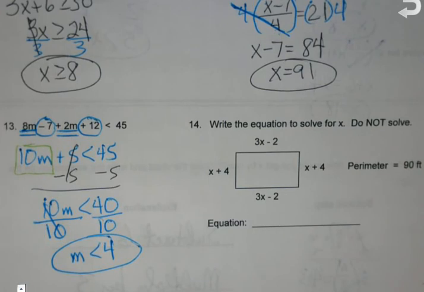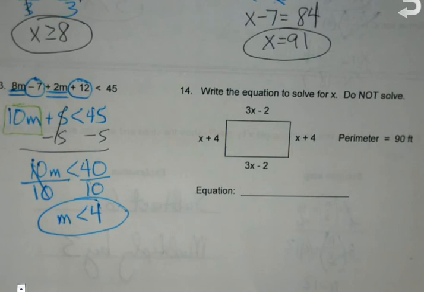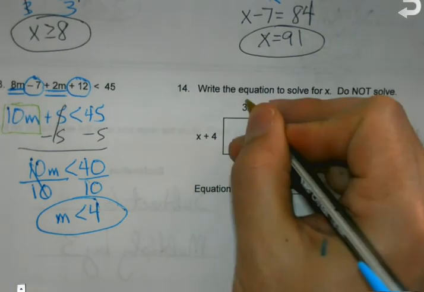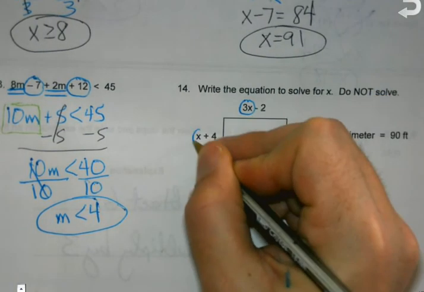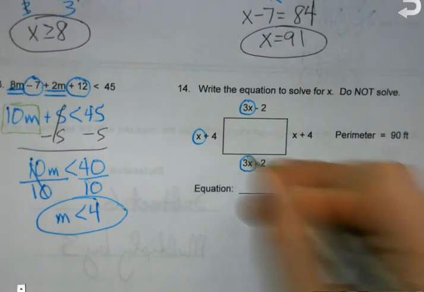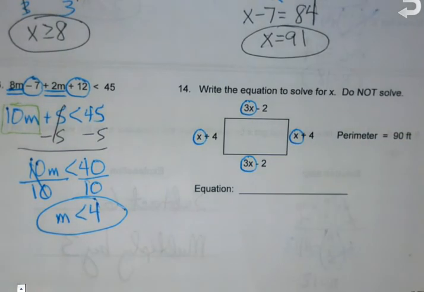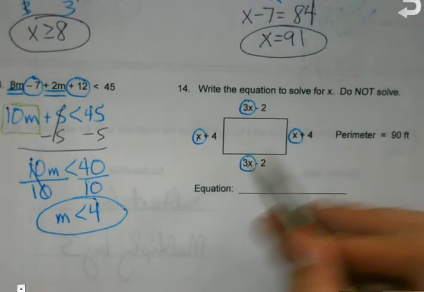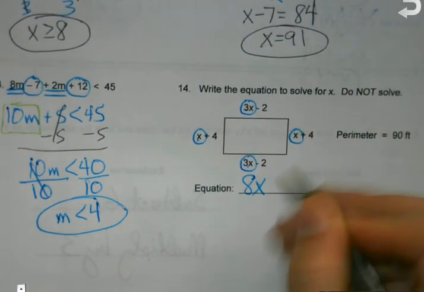Now here's ones that a lot of you skipped on the last quiz, or made up your own creative way of trying to do. How do you find the perimeter of something? Add up all the sides. So when I'm adding these up, I want to combine all the things that are alike. So how many x's do I have? 8. So I got 3, 1 is 4, 7, and 1 is 8. 8x.